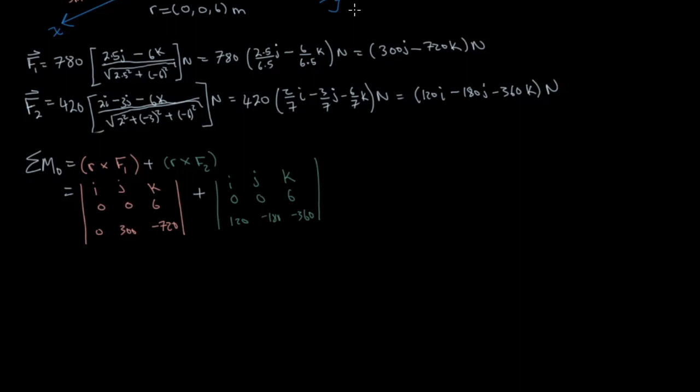Now, there is a more efficient way of doing this. As you can see here, there's two forces. Instead of taking the cross product of individual forces and r, we can take r cross the resultant force.